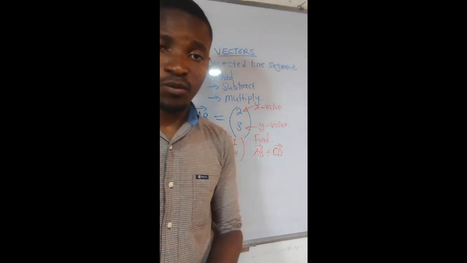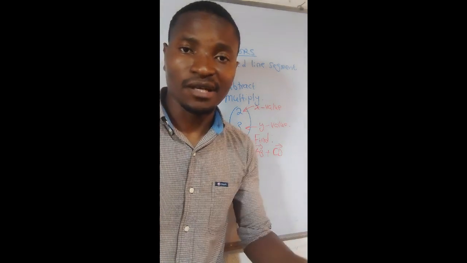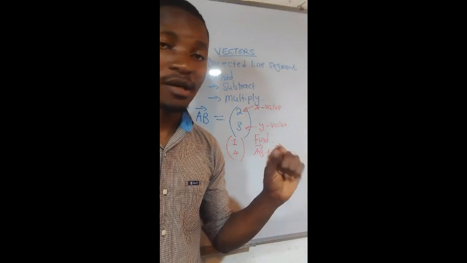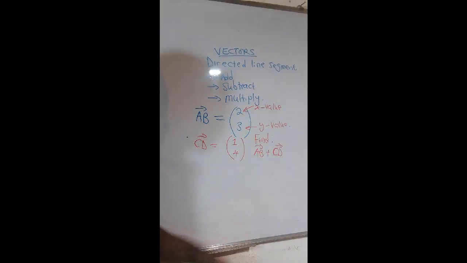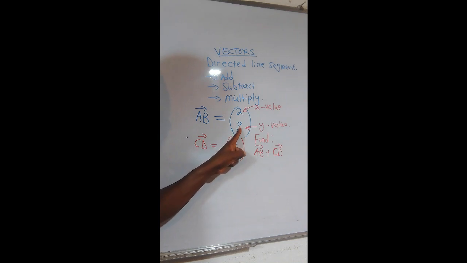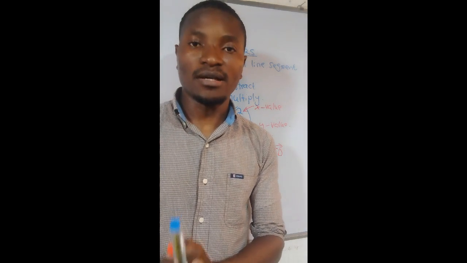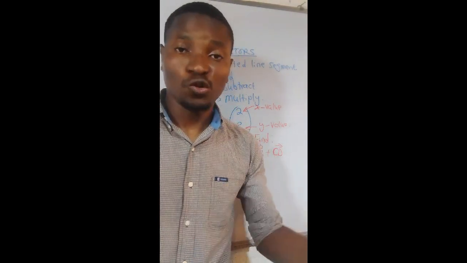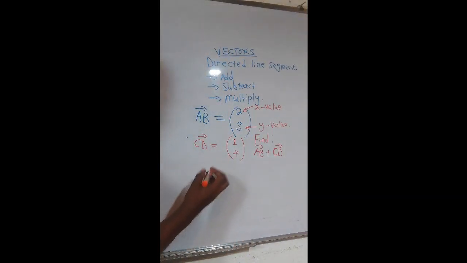What you are supposed to do is add the numbers accordingly: the X number added to the X number, and the Y component added to the Y component. As simple as that. That's how you can go about adding two vectors in column form.